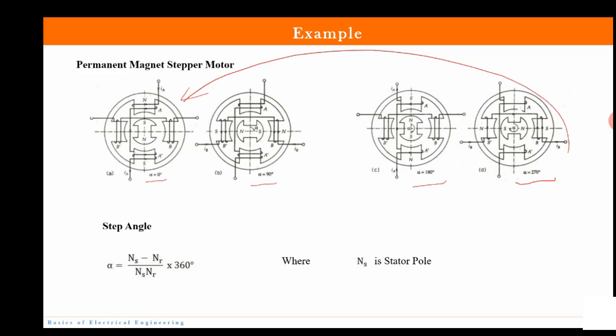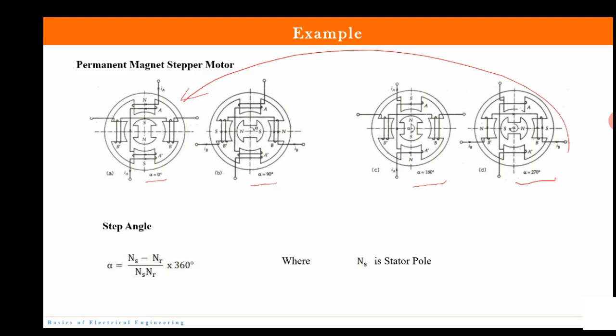But if it has to pick up some object, collect it, rotate and place it at a particular point, then it might require a very minute step angle as low as 1.8 degrees. Yes, even a 1.8 degree step angle is possible. So that step angle is very important.